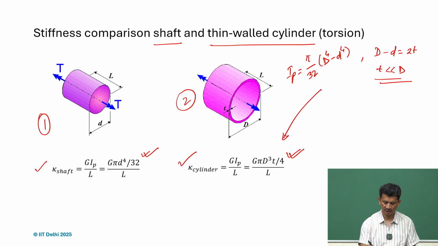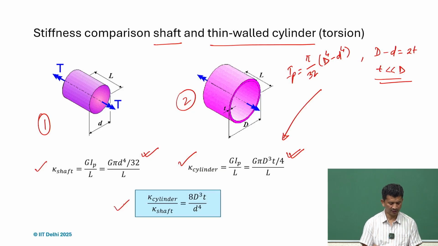So, if you take that assumption, we should be able to derive it. So, we can get this formula for K cylinder, the rotational stiffness of the cylinder.